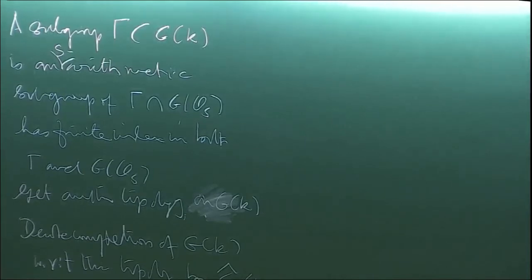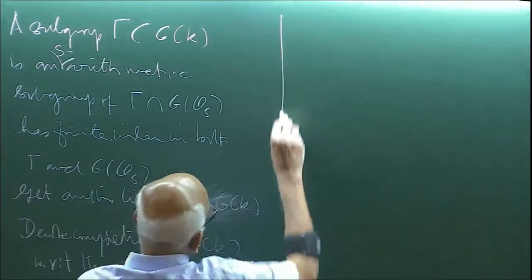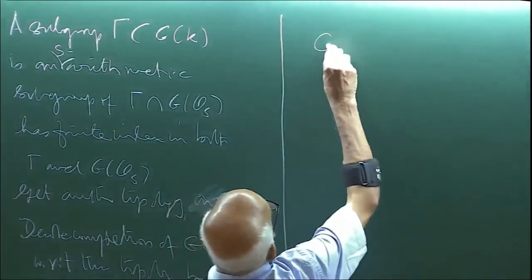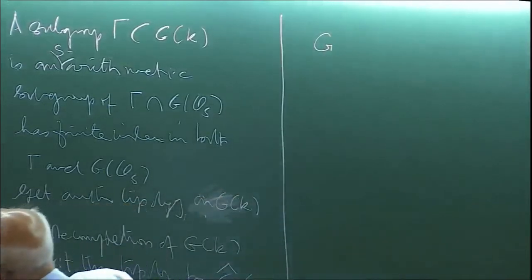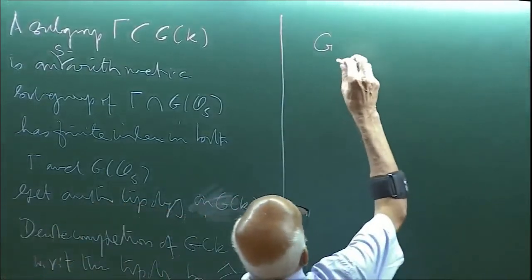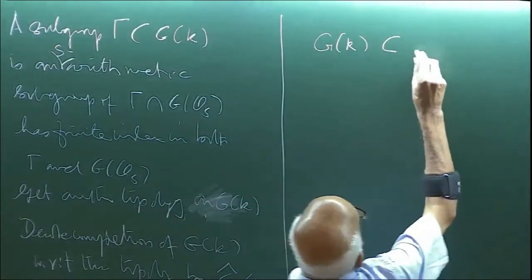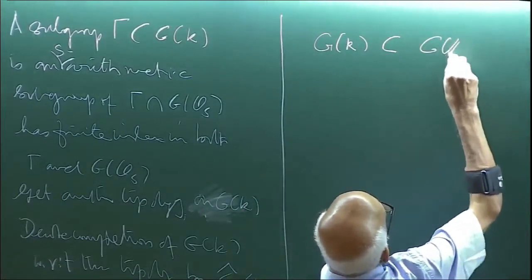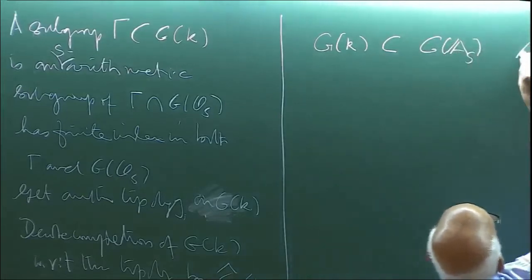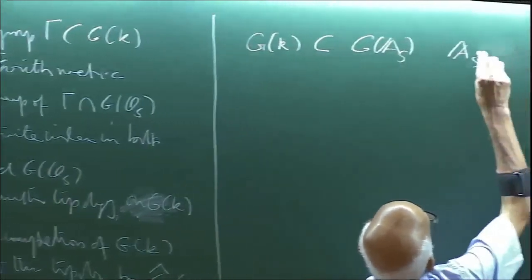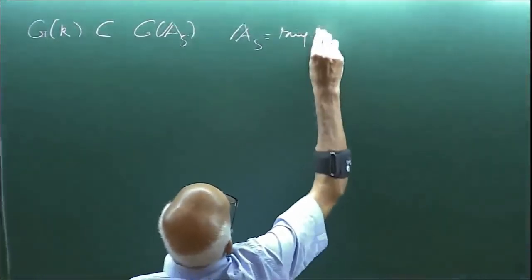What happens is this: it turns out GK is contained in the group GAS, where AS is the ring of adeles.